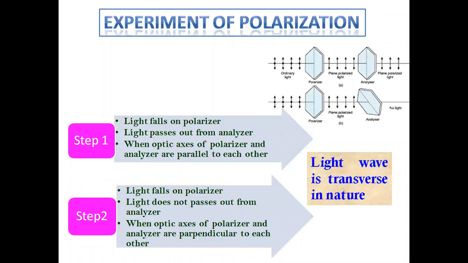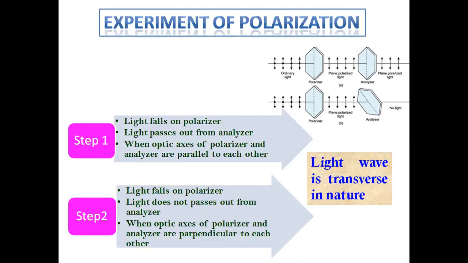Now we discuss an experiment on polarization. Let us consider an ordinary light falls on a transparent hexagonal-shaped tourmaline crystal, which is acting as a polarizer. Light passes out from another crystal, which is acting as an analyzer, only when the optic axes of polarizer and analyzer are parallel to each other.